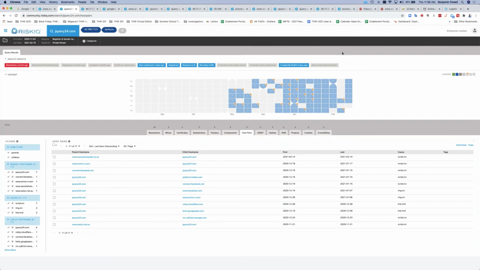So very soon we are going to release some modules to PassiveTotal that are going to completely enhance your capabilities in ways you've never seen before.